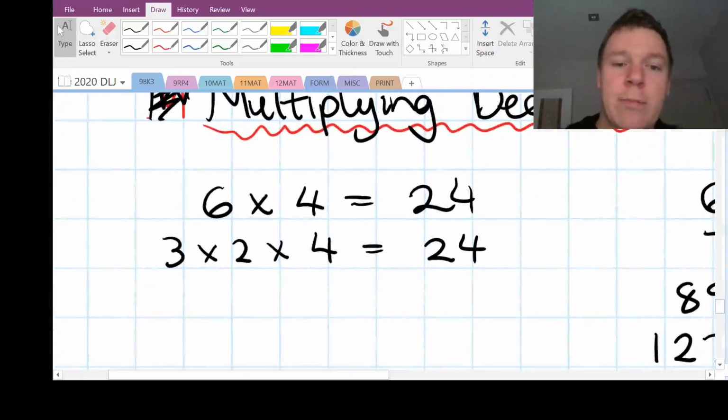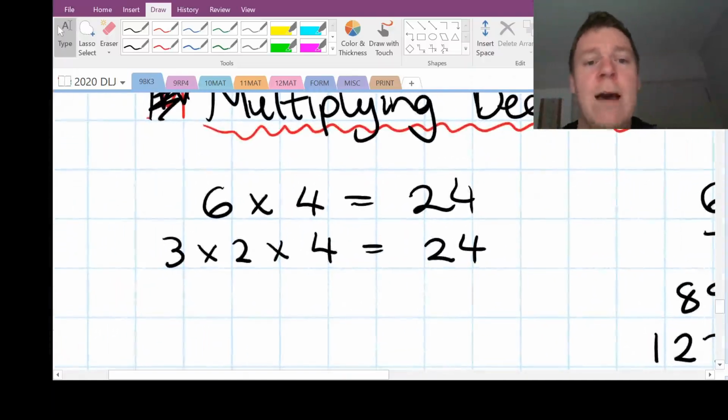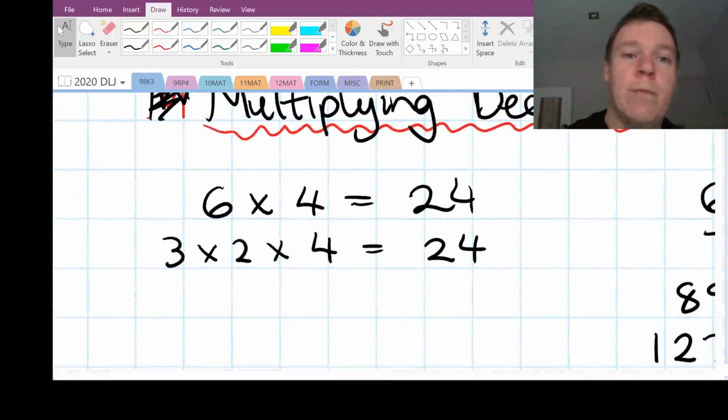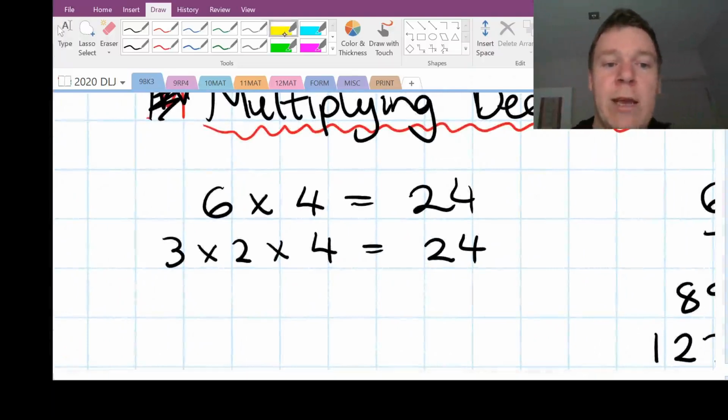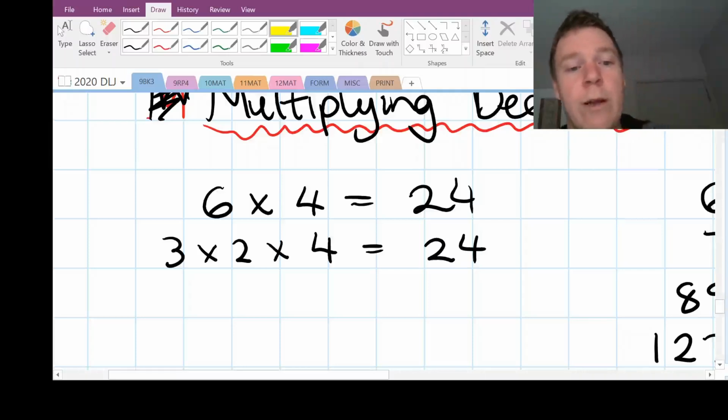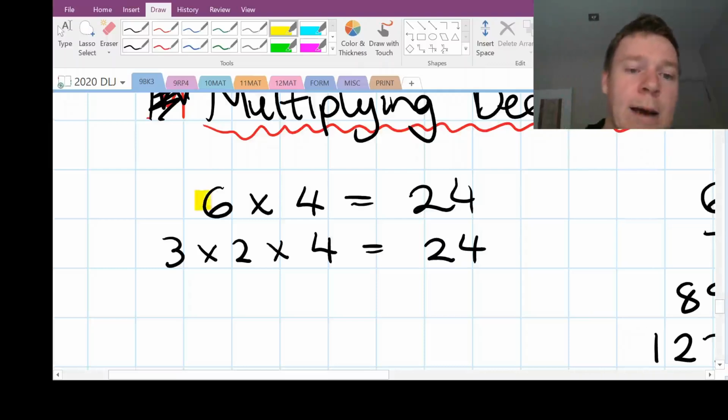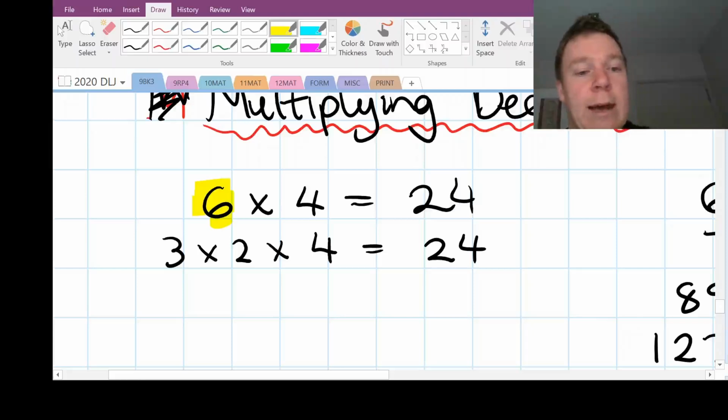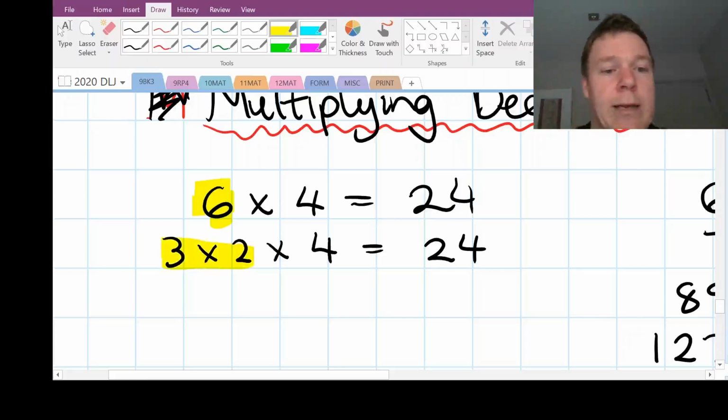Well, if we took something simple, this is just how multiplication works, right? If we have 6 times 4, that equals 24. We know that. But 6 can be actually broken down into 3 times 2.